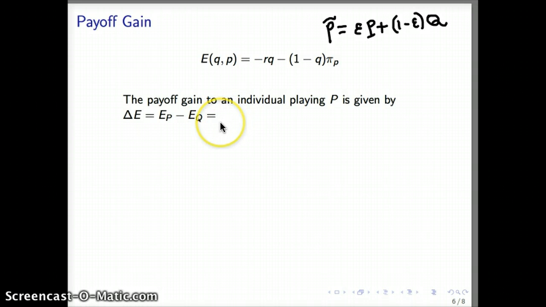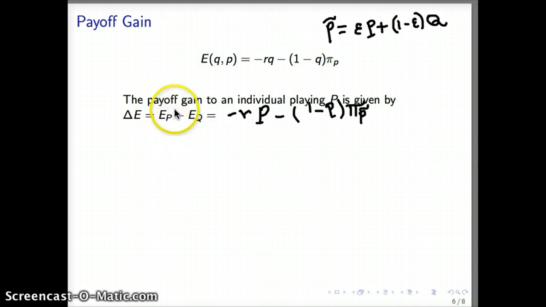So the first expected payoff is something that looks like minus R times P minus 1 minus P times pi evaluated at P tilde.